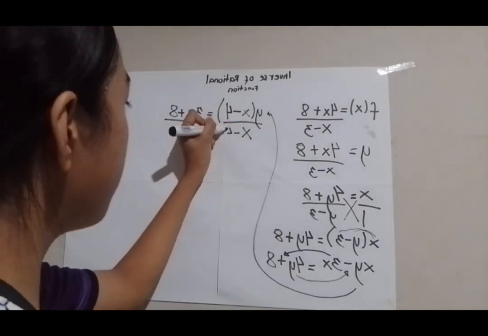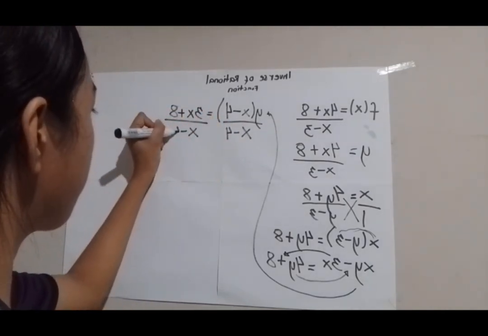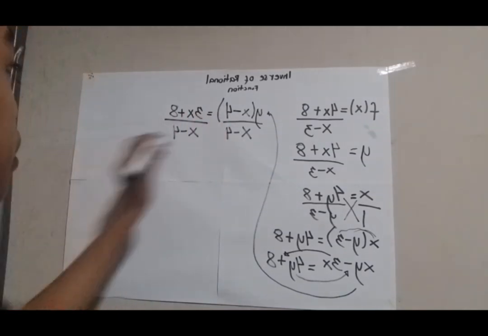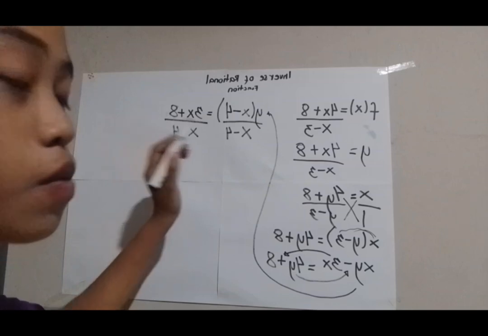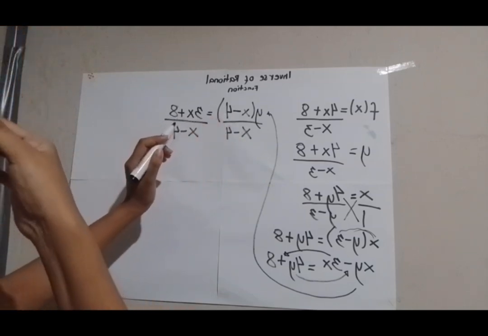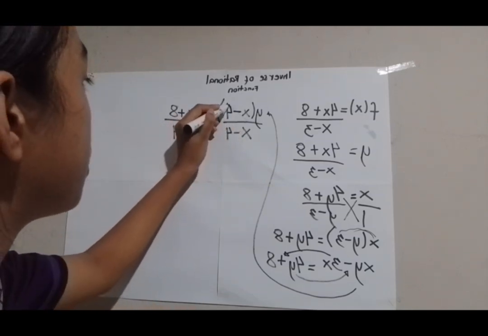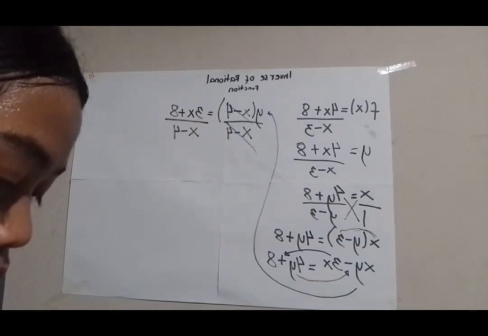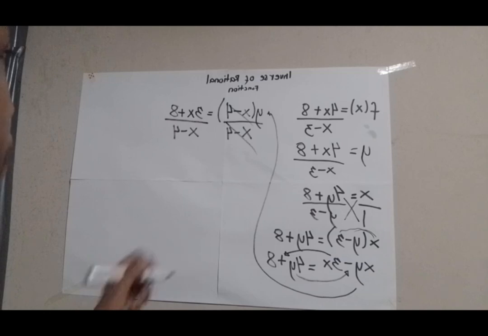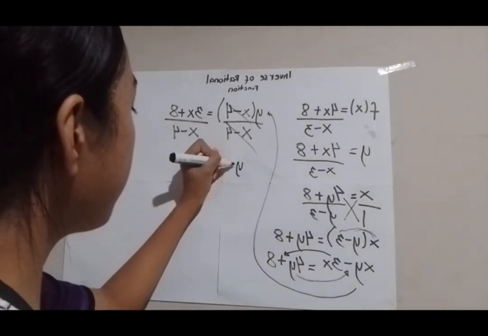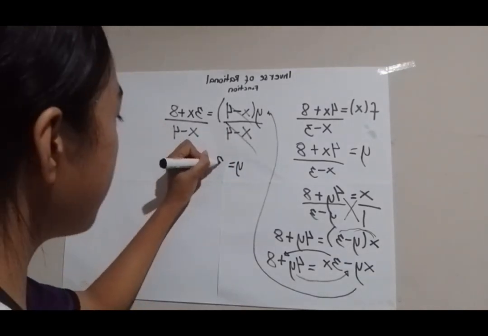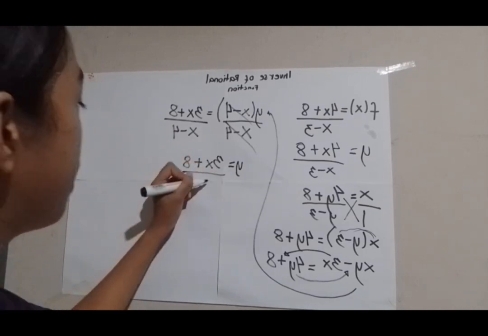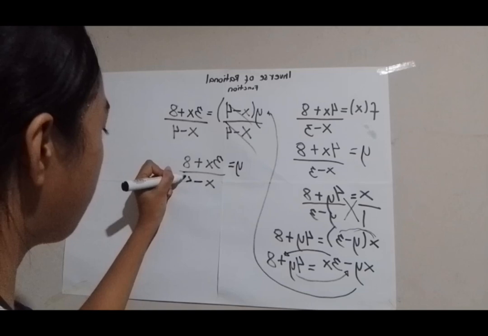x minus 4, x minus 4. So it will go into y equals (3x plus 8) all over (x minus 4).